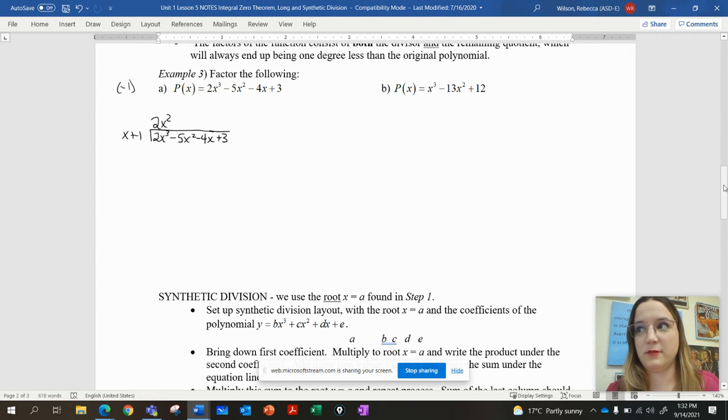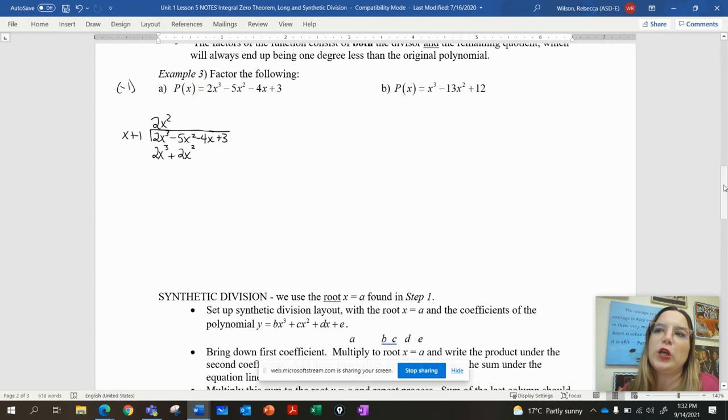Now, after I figure out that first term, I take this x plus 1 and multiply it by that 2x squared. So x times 2x squared is 2x cubed, and 1 times 2x squared is positive 2x squared.